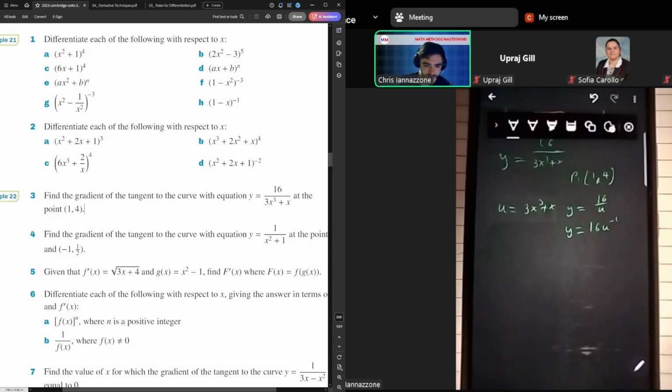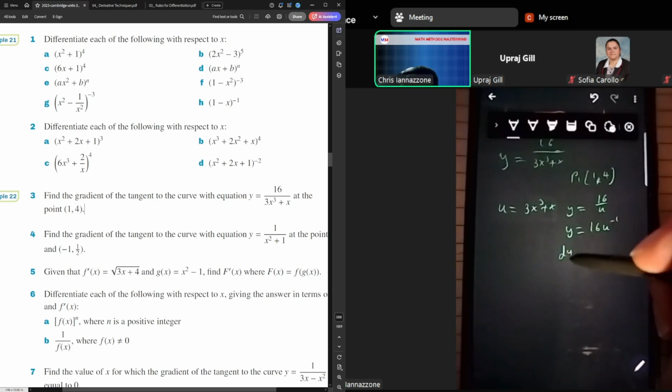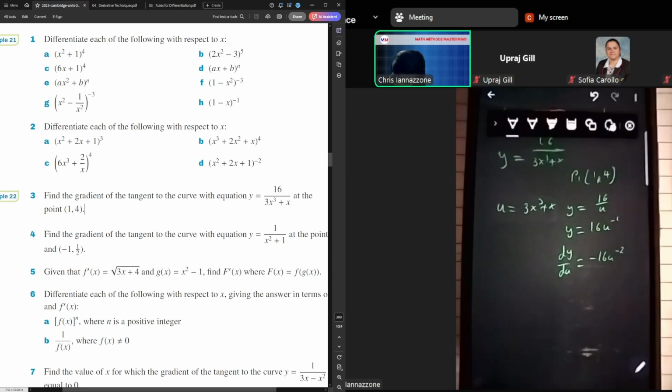What should be the next two derivatives? Should one of them be negative 16 u to the power of negative 2? Yep. dy on du, negative 16 u to the power of negative 2.